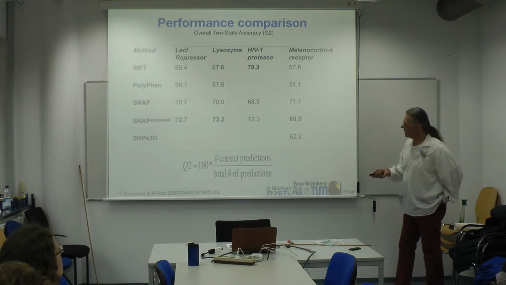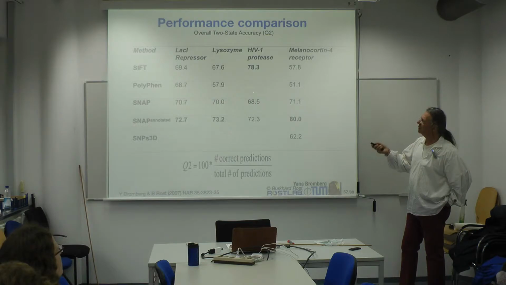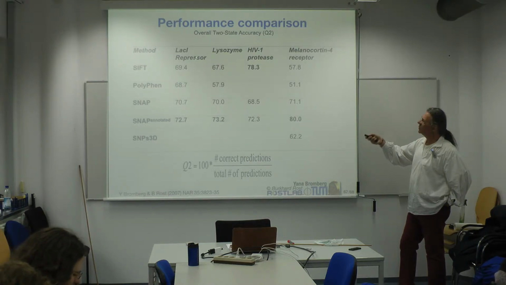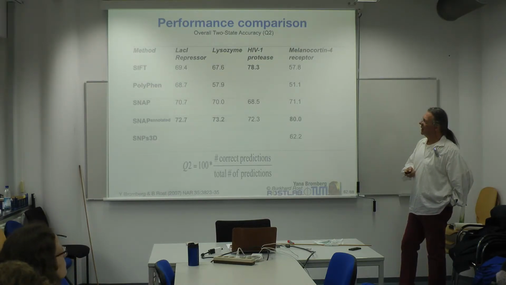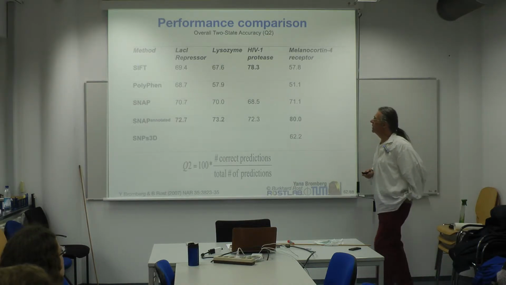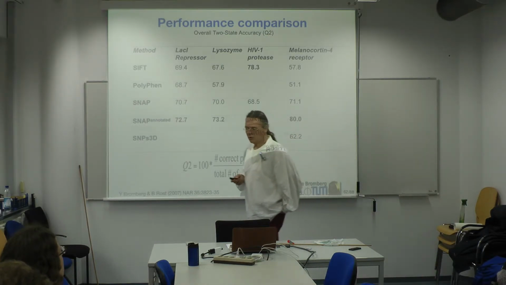When we initially published that in 2007, there were not that many methods available. Again, today I assume there are over 200 available. And in those days, for full proteins, we had a lot of variance. One way of looking at this, the overall two-state accuracy, is that this method that we developed did slightly better than what existed, at least using annotations, and even not using annotations, on average for most of the cases that we looked at.